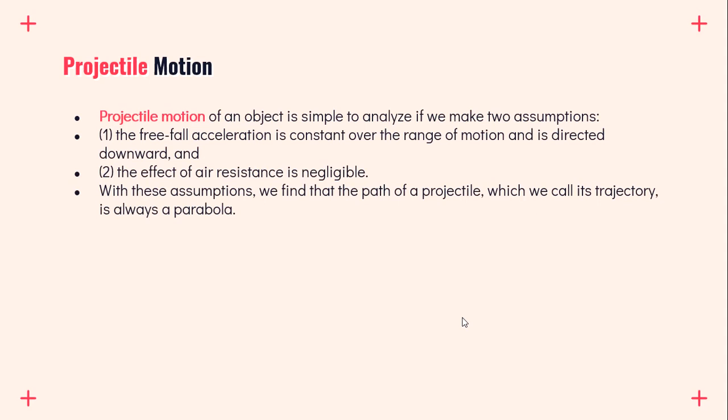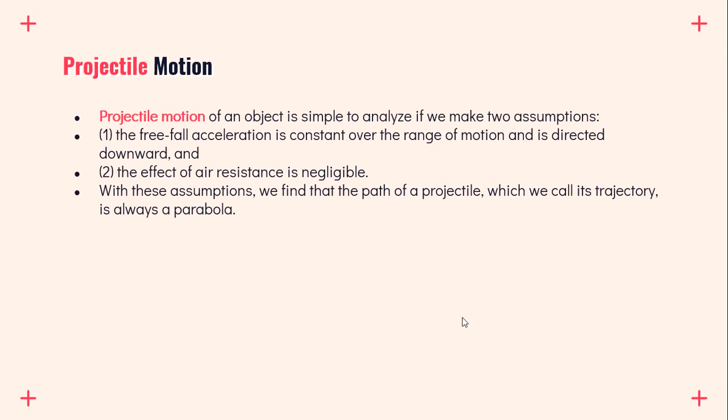In real life application, air resistance is not negligible, but for the sake of simplicity, we're going to assume that it is. With this assumption, we find that the path of a projectile, which we call its trajectory, is always a parabola. But the shape of the parabola suggests that the earth is flat, and the earth is not flat, so the path of a projectile is somewhat of an ellipse.